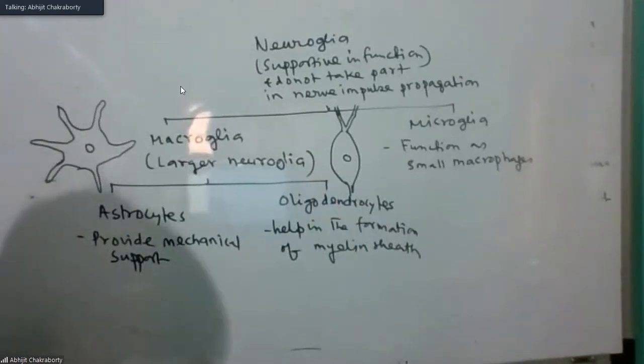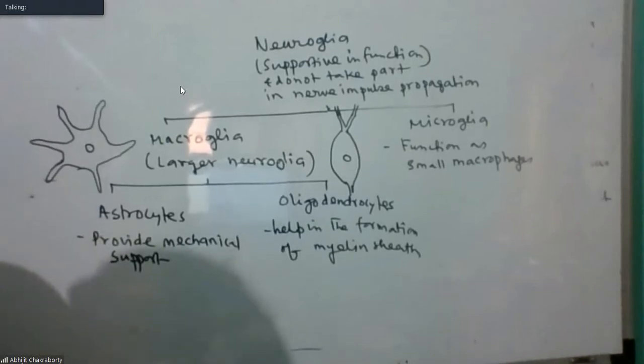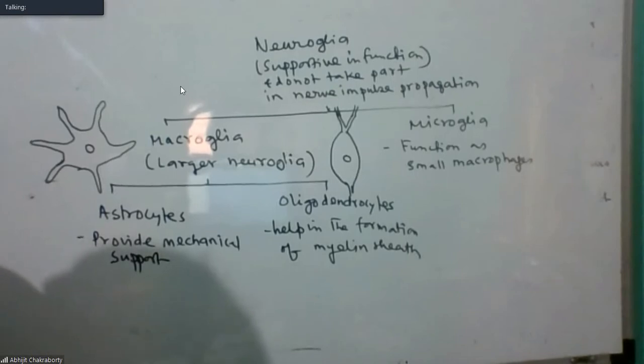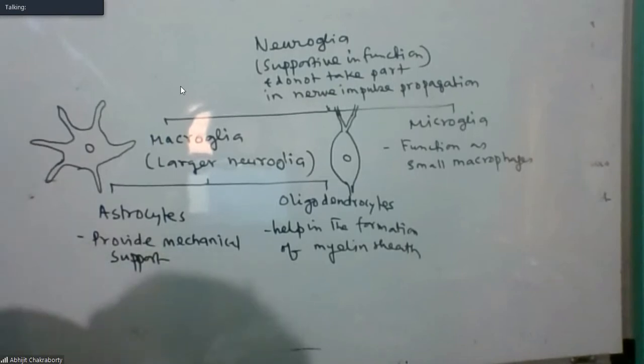So this is what about the two types of nerve cells. Is it clear? Yes, sir.